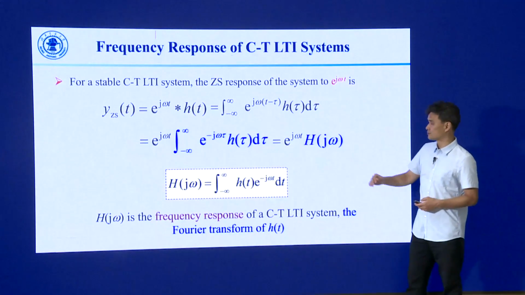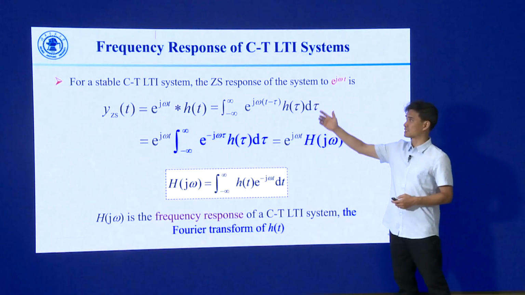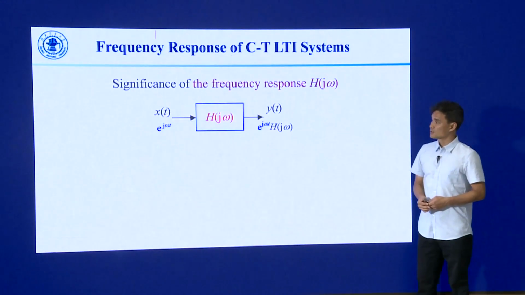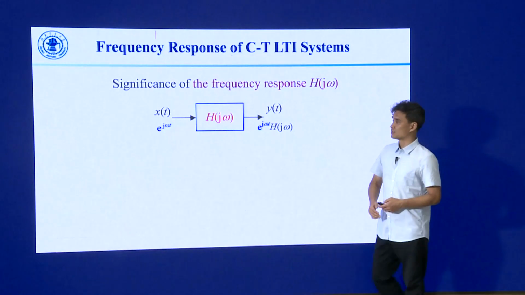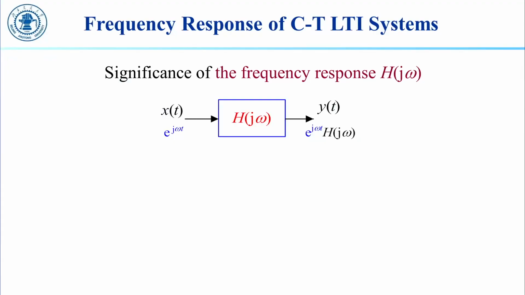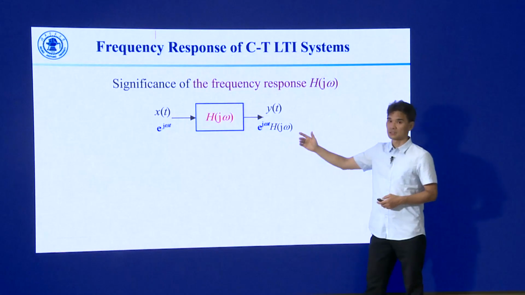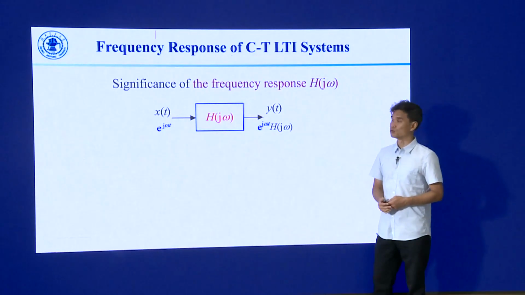It is the Fourier transform of the system's impulse response. So it's very interesting that for an imaginary exponential signal e^(jωt), the output is itself times the system's frequency response.